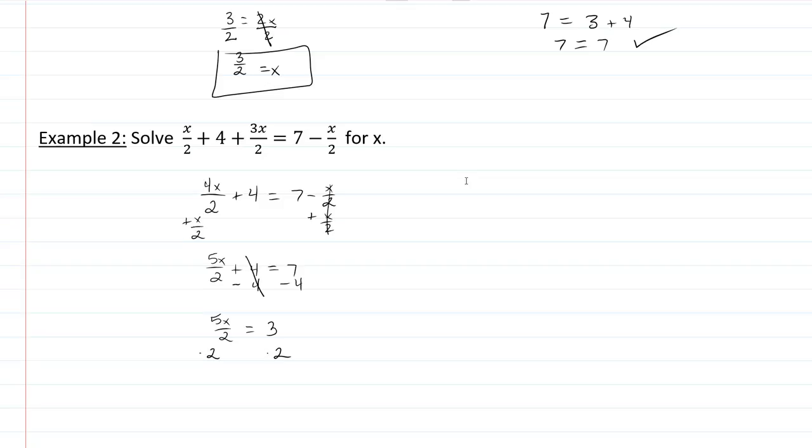So dividing by 2 and multiplying by 2 cancel, and 3 times 2 is 6. So we end up with 5x equals 6. Now we can employ the division principle and divide both sides by 5. The 5's cancel on the left-hand side, and x ends up equaling 6 over 5. Again, we end up with a fraction answer, but this is okay.